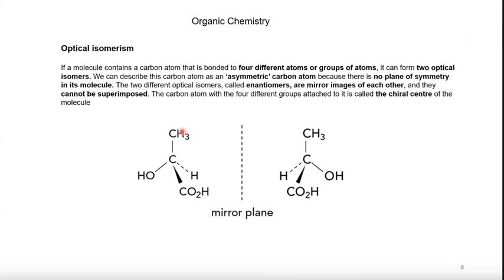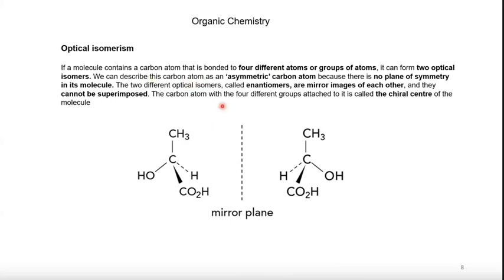Example, here you see this is one group of atoms, this is another, this is another. Any of the two or any of the three could not be the same. So 4 different groups on a carbon atom, and there we can have optical isomers.